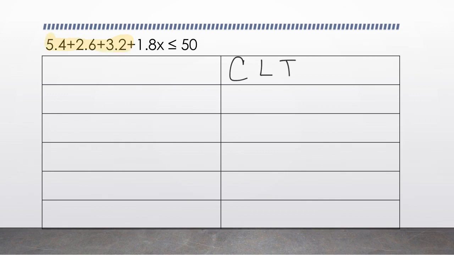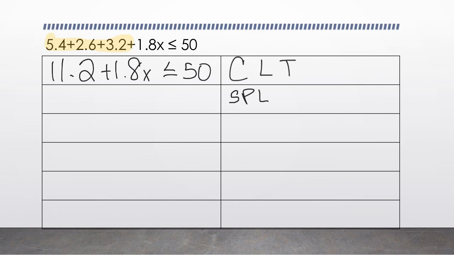So, I have 11.2 plus 1.8x must be less than or equal to 50. So what am I going to do next? Well, I'm going to use my subtraction property of equality, and I'm going to subtract 11.2 from both sides.